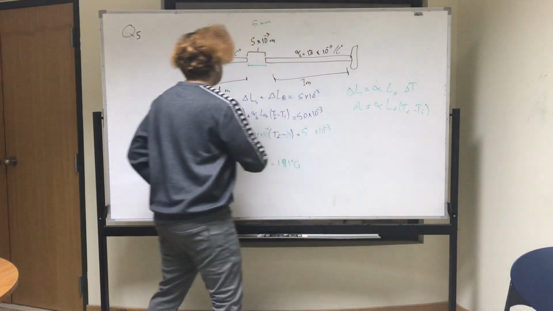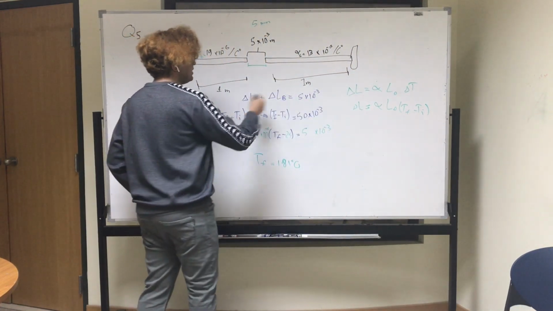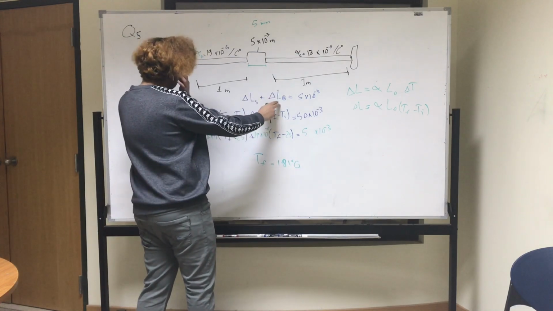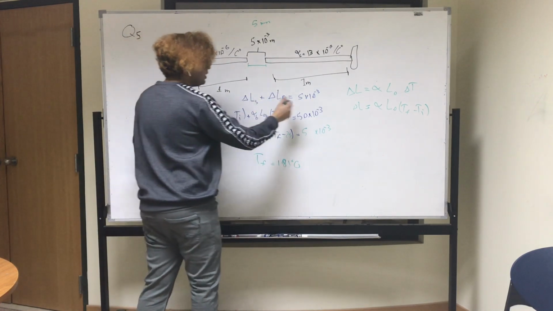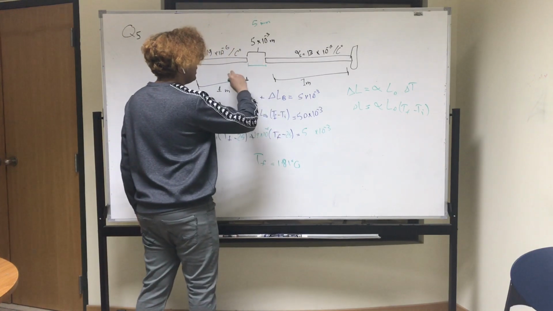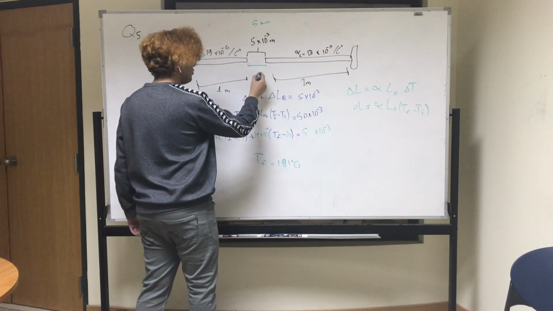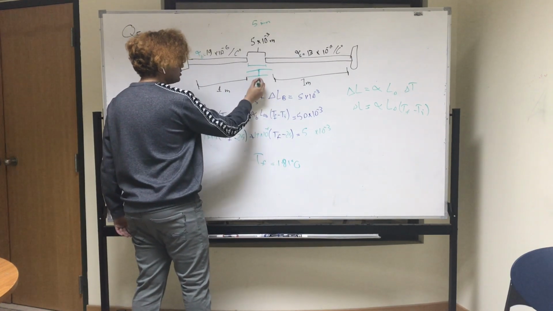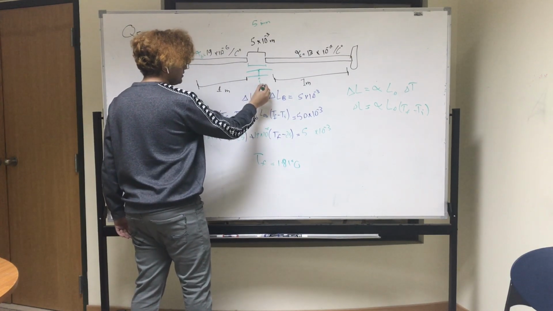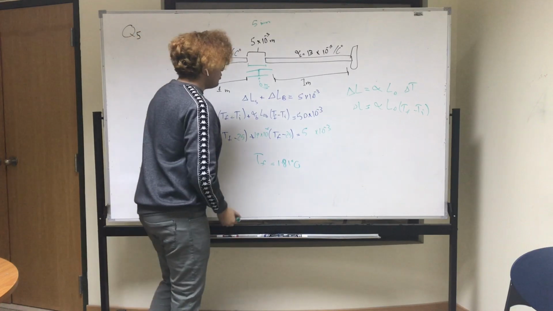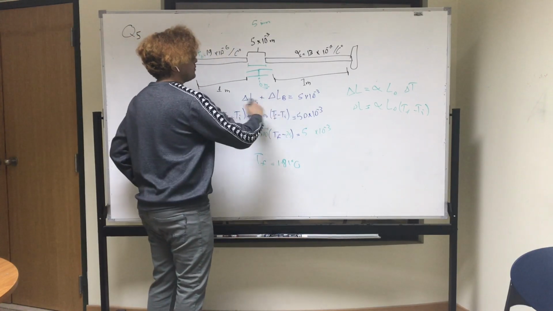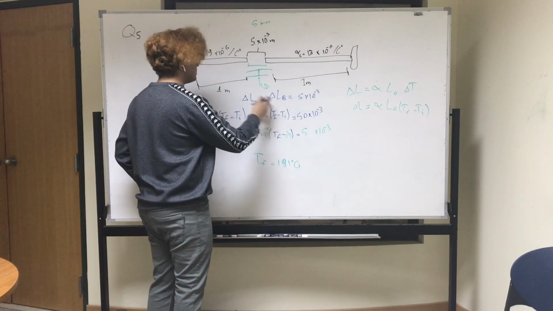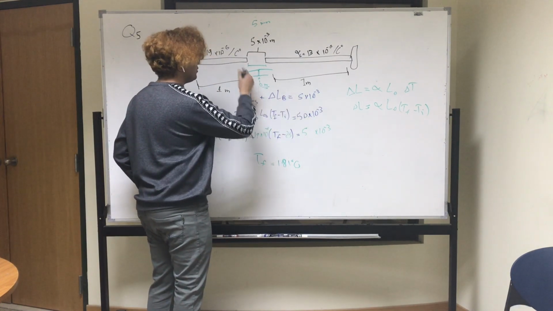Okay, so we want the increase in length of steel plus the increase in length of brass to be equal to the gap between them. Because we're interested in the temperature when the two rods meet, when the gap between them is equal to 0 meters. So we're interested in the final temperature when the expansion of the steel plus the expansion of the brass is equal to 5 millimeters.